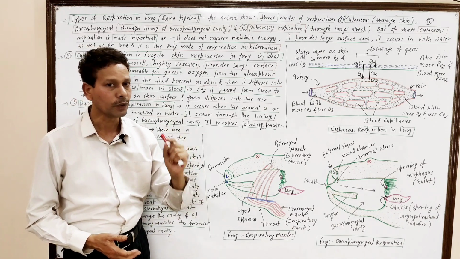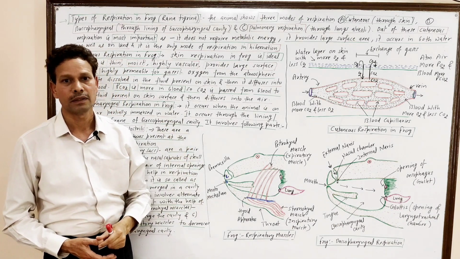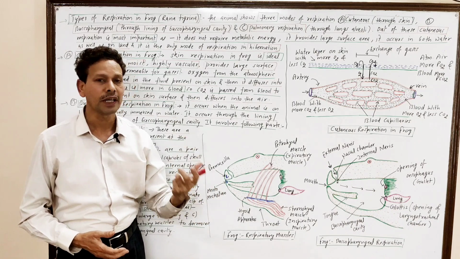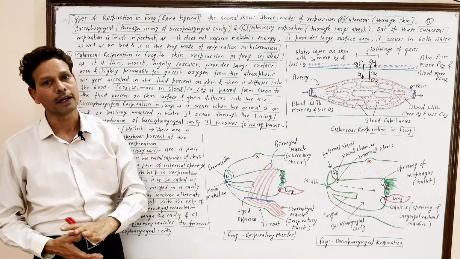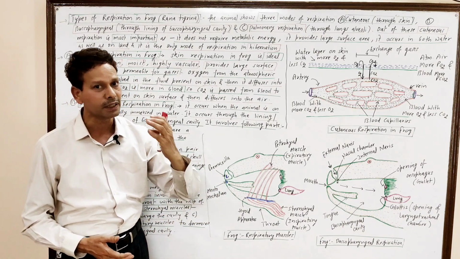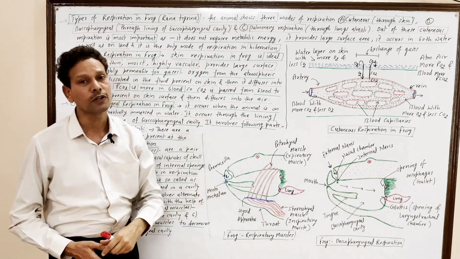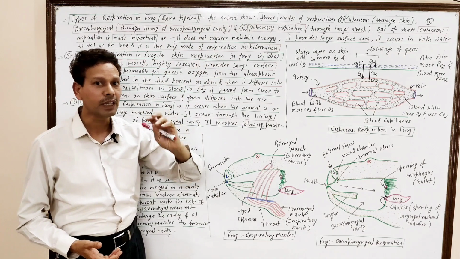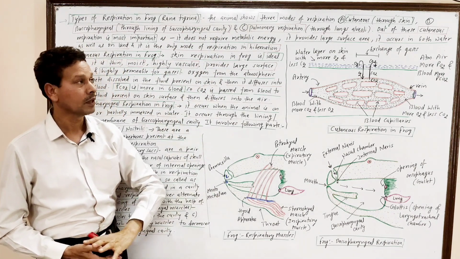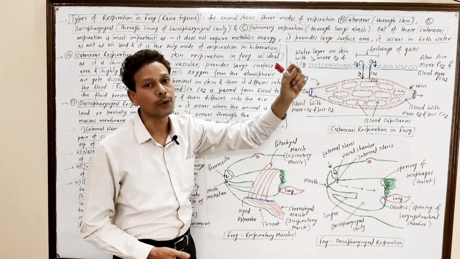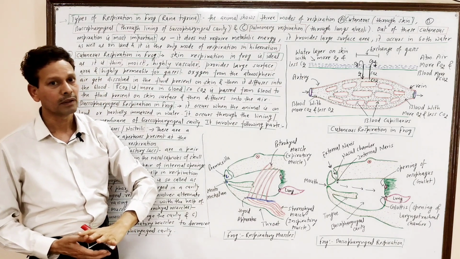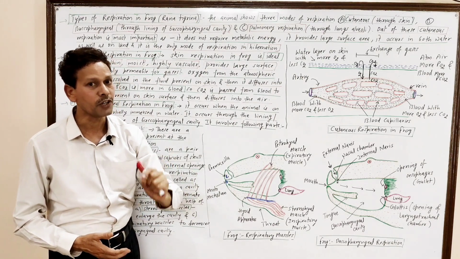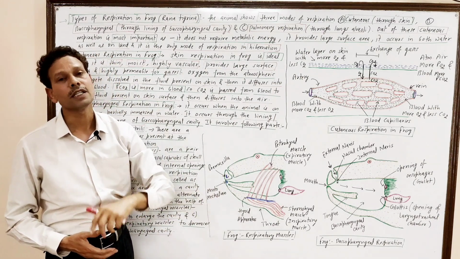Dear students, in today's lecture we will discuss the mechanism of respiration in frog Rana tigrina, and the different modes of respiration in frog. The animal shows three modes of respiration. First is cutaneous respiration, in which the skin is involved.